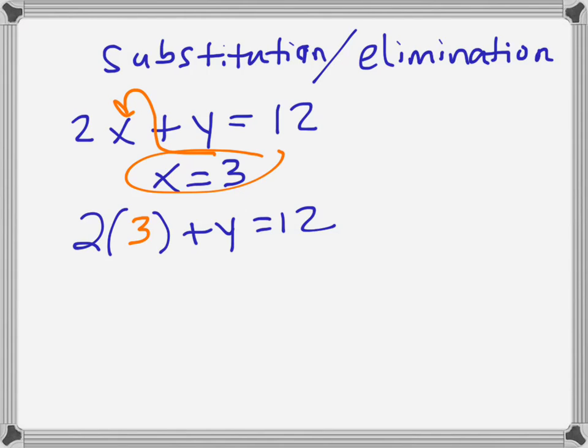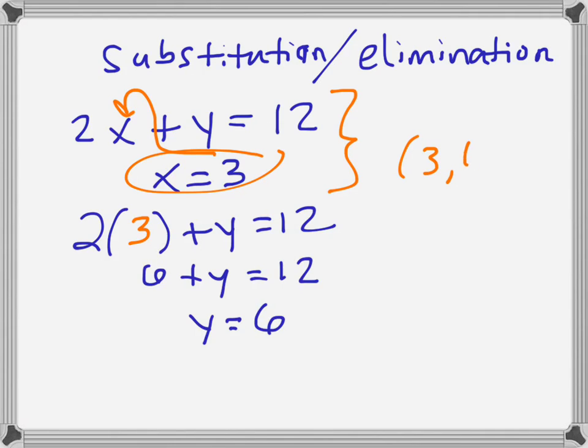In this case I've substituted in 3, and then I can find that y equals 6. So the intersection of these two lines would be the point (3, 6).